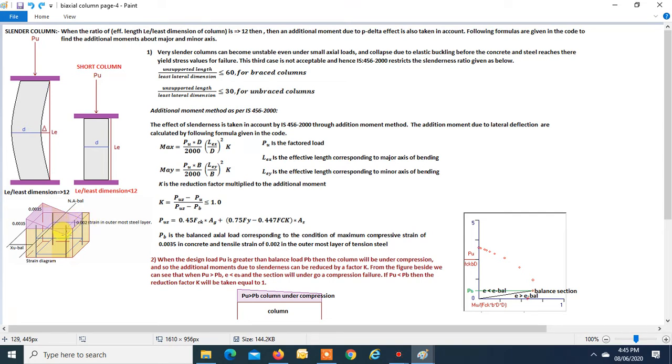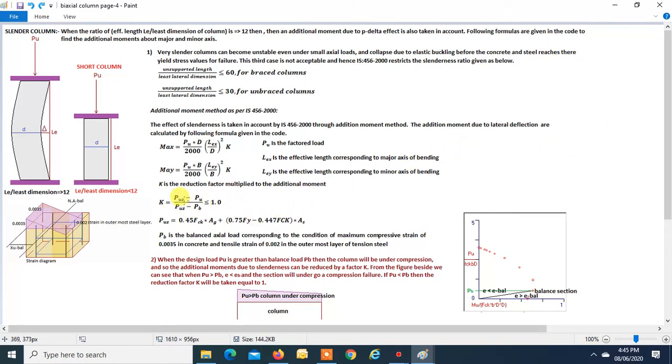Now this distance is our effective depth. This is the effective cover, which we have taken as 60.5. So effective depth is known to us, strain is known to us. You can easily find the balance axial load, right? We will do that while solving this problem.